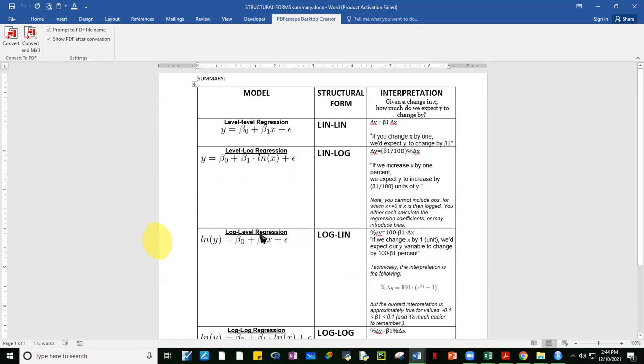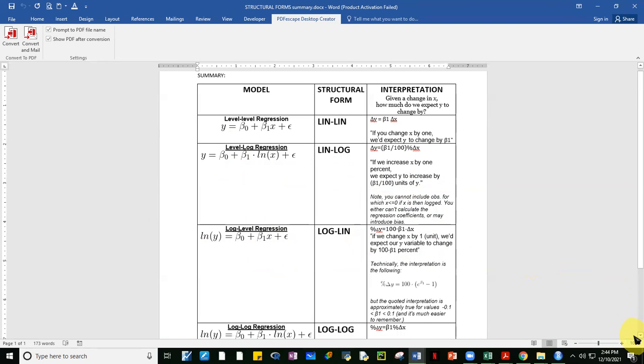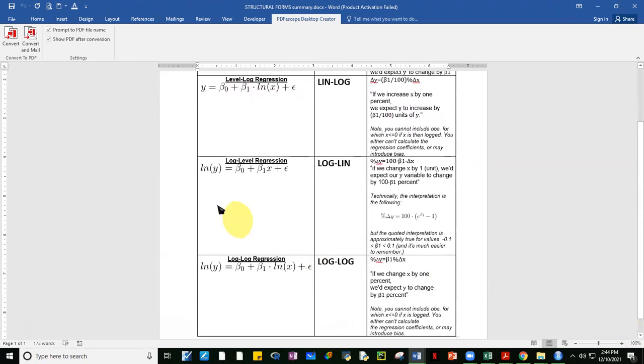Baliktad, guys, kung log-lin naman, no? Pag log-lin, baliktad, ang nakalog dito yung y natin. Okay, so how do we now interpret this? A 1 unit change in x will result into a 100 times B1 percent change in y. I-multiply natin yung B1 tapos percent. Okay? So kung sino man lagi nakalog, guys, yun ang laging binabasahan natin na percentage siya. Clear yun?